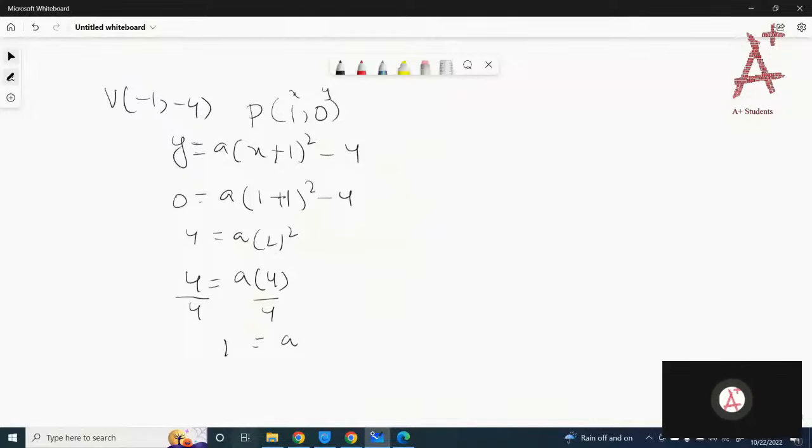Now just write the value of a here. Y equals 1 times (x plus 1) whole square and minus 4. Got it? That is the equation of the parabola. Y equals (x plus 1) whole square minus 4.